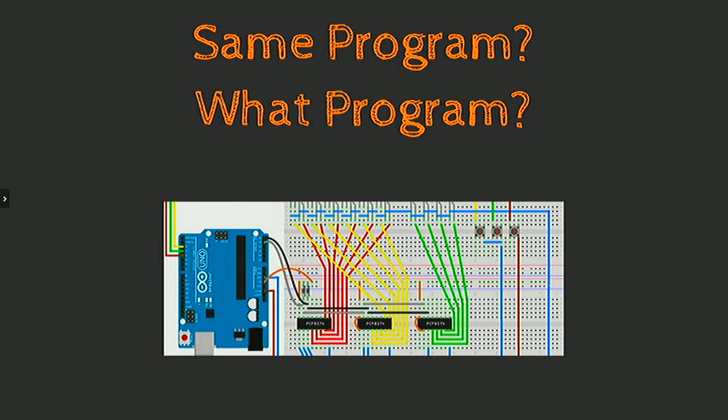Okay, so she just mentioned that we use the same program to make the plan for the first clock and the second clock. What she didn't say is what program that is. We used Fritzing, which is a program that allows you to make these kinds of plans. Now, if you talk to any electrical or electronics engineer, they will tell you this is not a proper plan. You should make schematics.